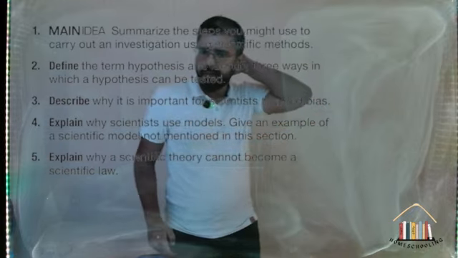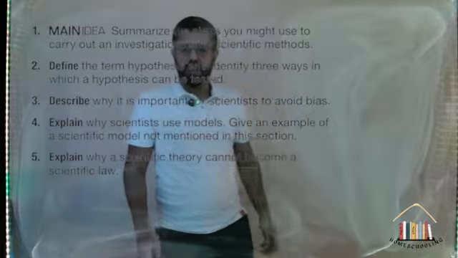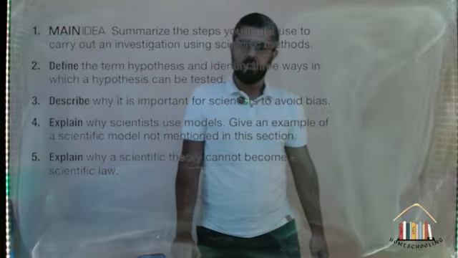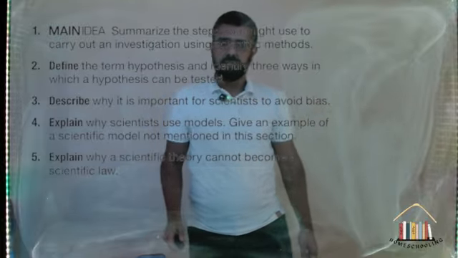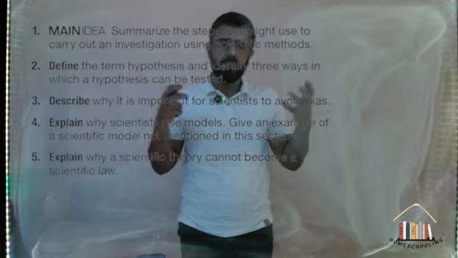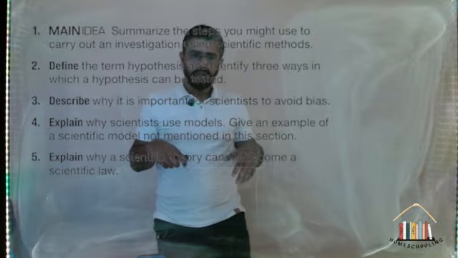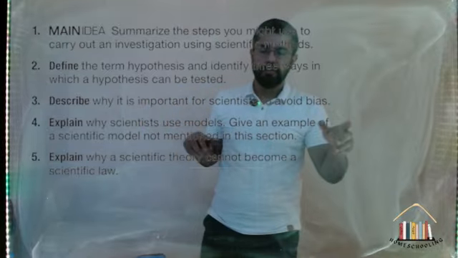Give an example of a scientific model not mentioned in the section. So I already gave you the example of the model of the solar system. Okay, so why do scientists use models? Just to make the idea simple for the community or for themselves to represent a problem or a phenomenon.